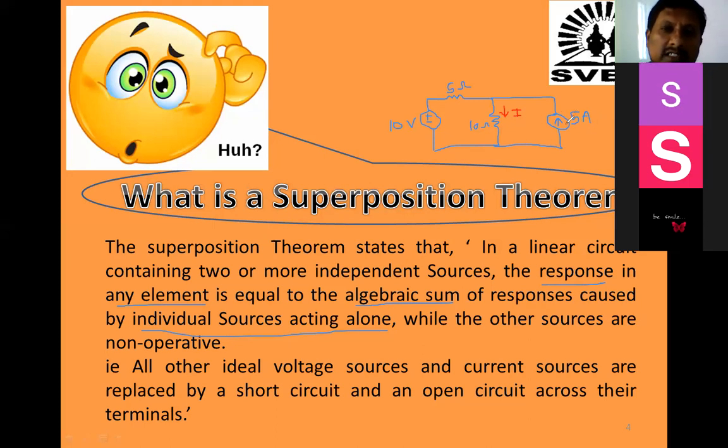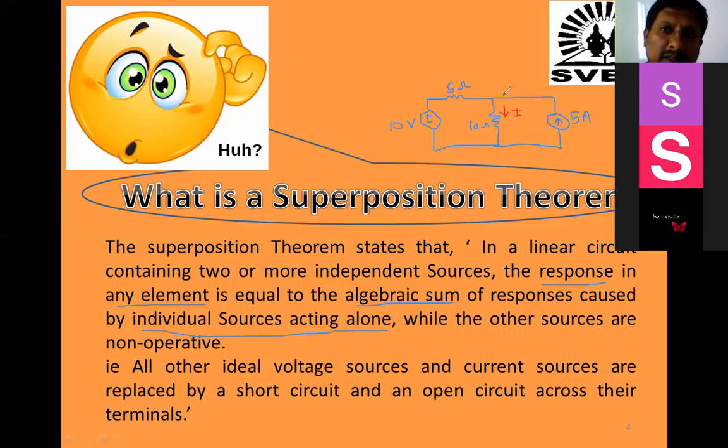So that is the first statement. Second, the response in any element. So what is the response? That is the current. Response means what you have to find out. So current you have to find out, the current which is flowing through 10 ohm. That is the response. Now how to find out? It is equal to the algebraic sum of responses caused by individual sources acting alone while other sources are non-operative.